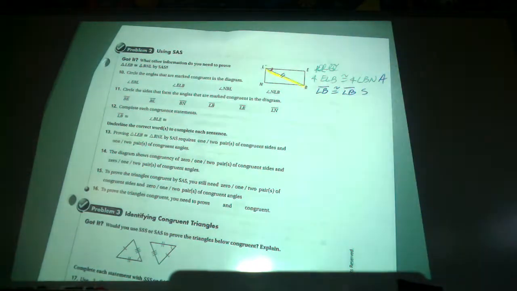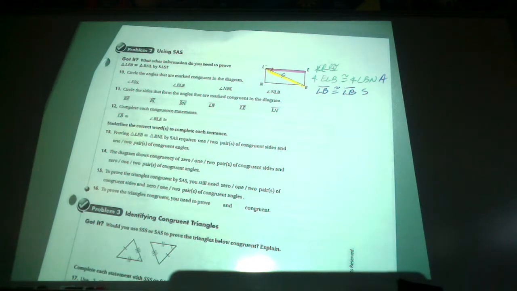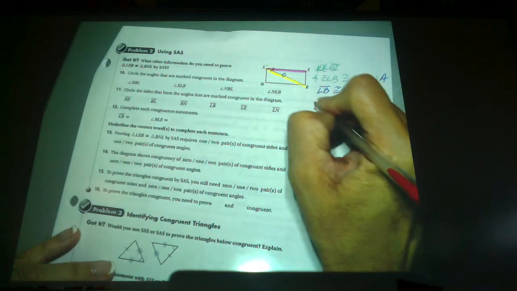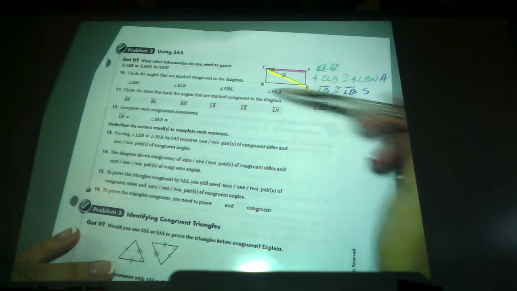There's only one side I can choose from, because there's side EB or side LE. Side LE is the side that's going to include that angle. So I need LE is congruent. What is the corresponding side to LE? NB.